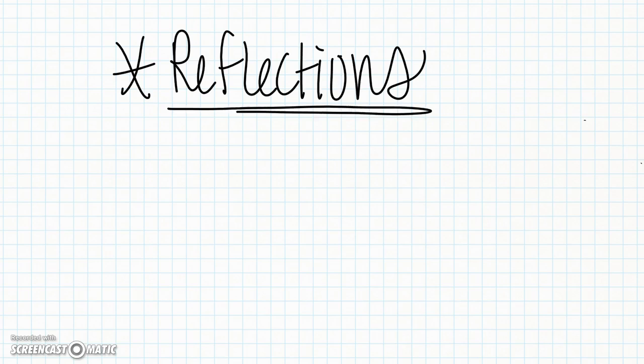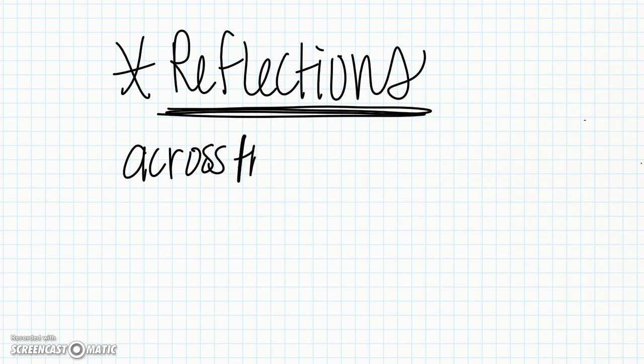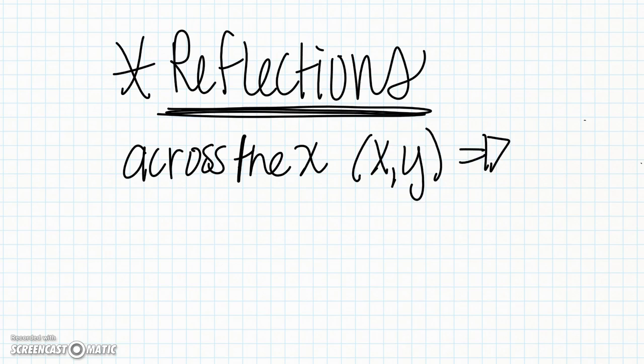We're going to talk about reflections. We've already gone over one type of reflection, and we made that reflection across the x. So whenever we go across the x, you're going to have your ordered pair, x, comma, y, and all it changes to is x, comma, negative y.